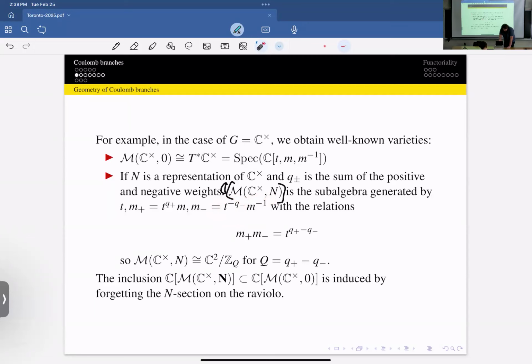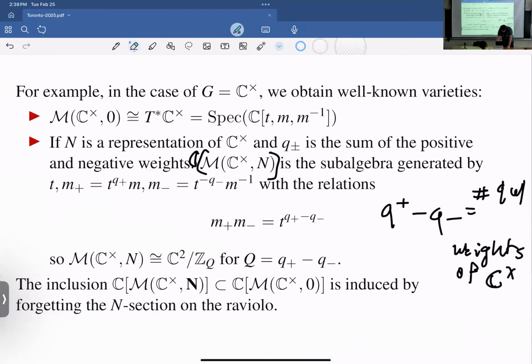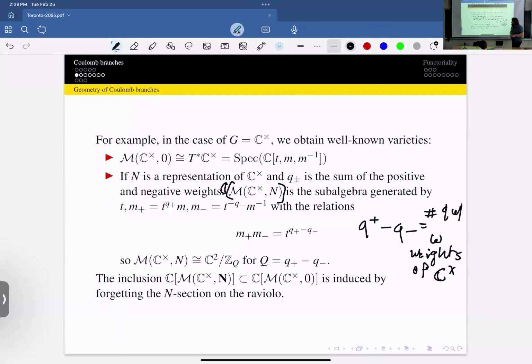So this Q minus, Q plus minus Q minus, this is the sum of the absolute values of the weights of C star. So that's what actually determines the structure of the variety, is just the sum of those weights. But it just ends up being important for me that it's embedded in this way.